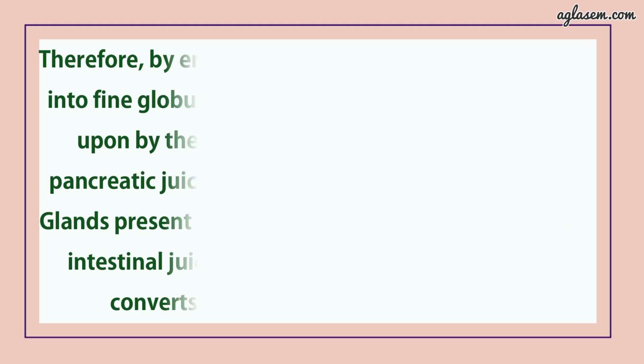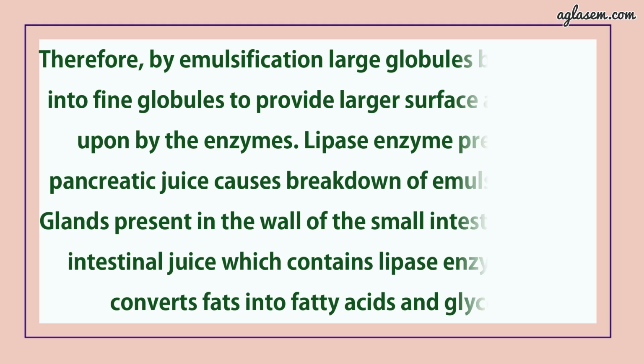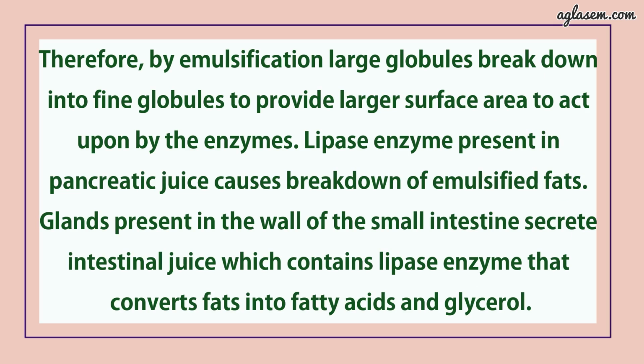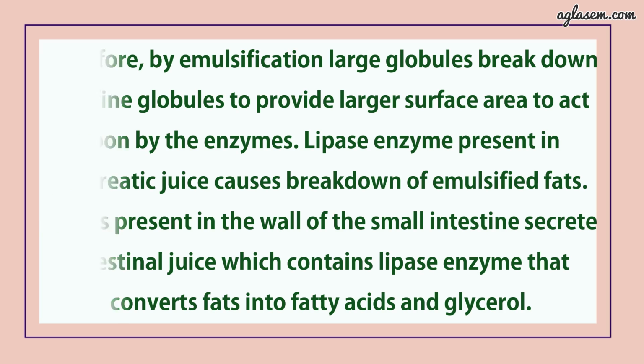Therefore, by emulsification, the large globules break down into fine globules to provide a larger surface area to be acted upon by the enzymes. Lipase enzyme present in pancreatic juice causes breakdown of emulsified fat. Glands present in the wall of the small intestine secrete intestinal juice which contains lipase enzymes that convert fat into fatty acid and glycerol.